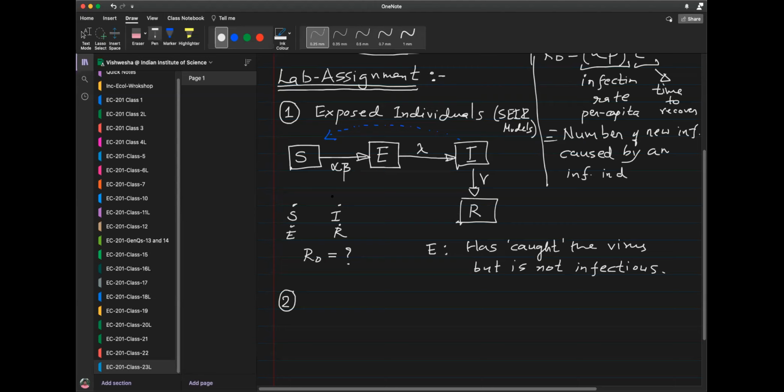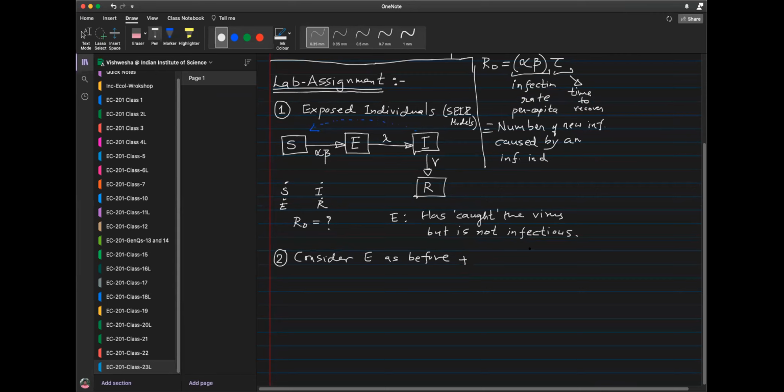Now, the second thing I want you to do is consider E as before, plus also the fact that there are different types of infections that can happen. What do I mean by that? I can have multiple possibilities.